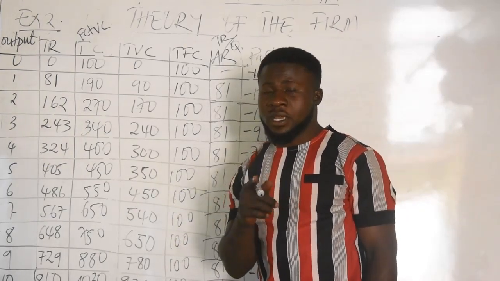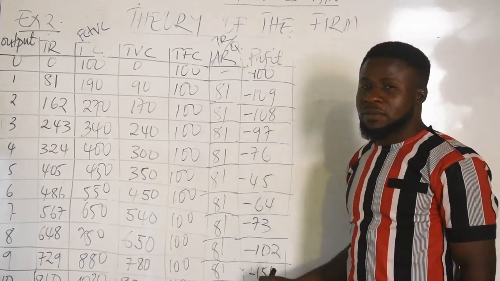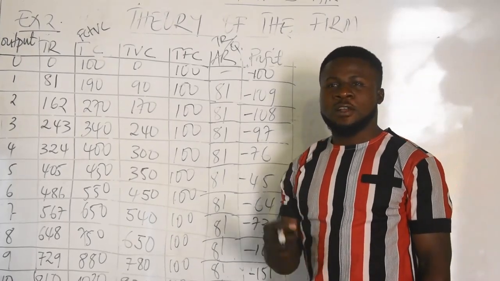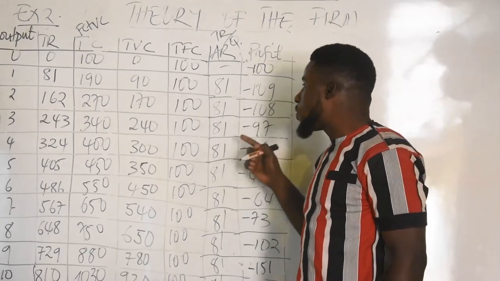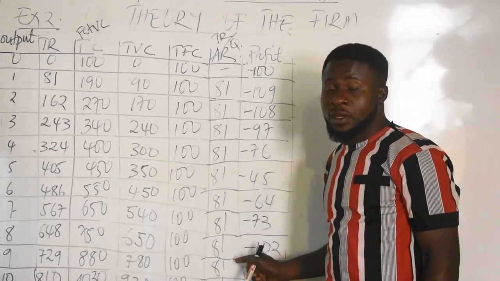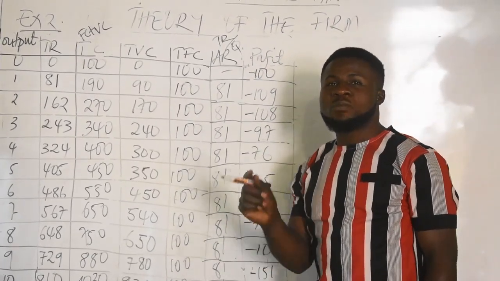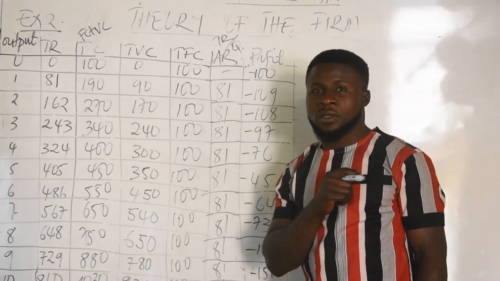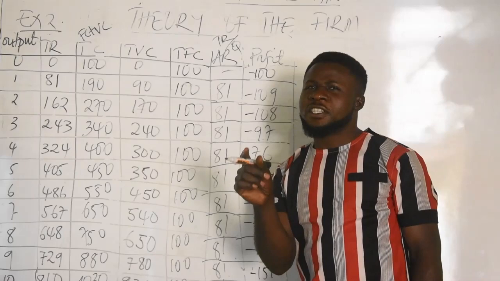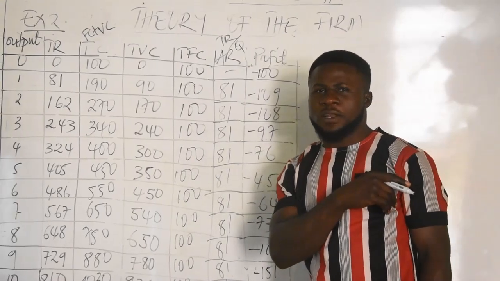That will not be correct, because no profits are maximized here. You rather say loss is minimized. So what we are going to do here, we are not going to be looking for the highest value. We will be looking for the smallest negative value, which in the real sense is actually the highest value, because a smaller negative is bigger than a big negative value.